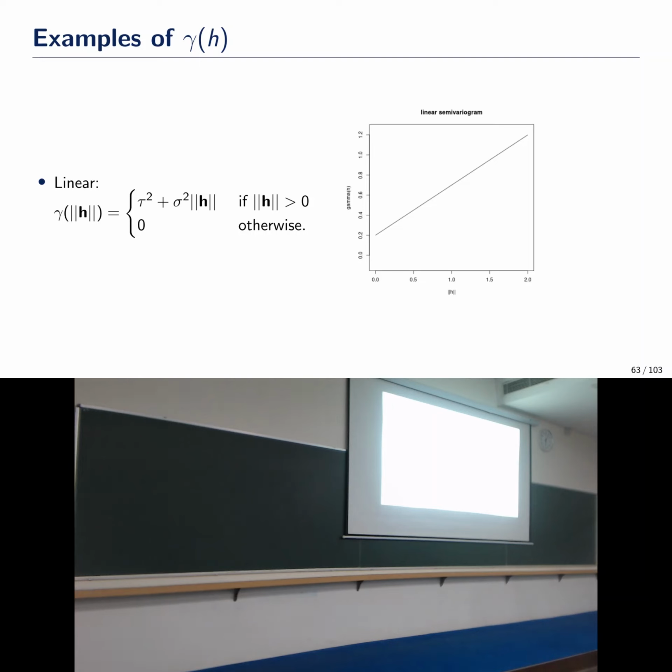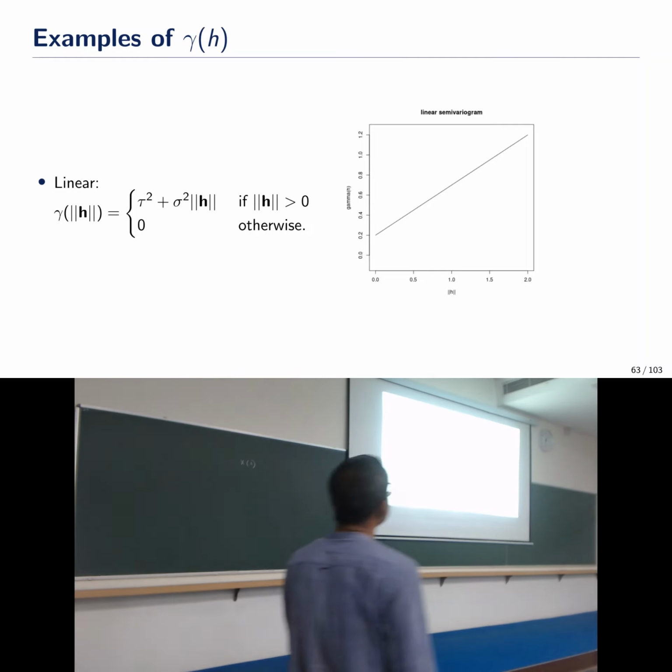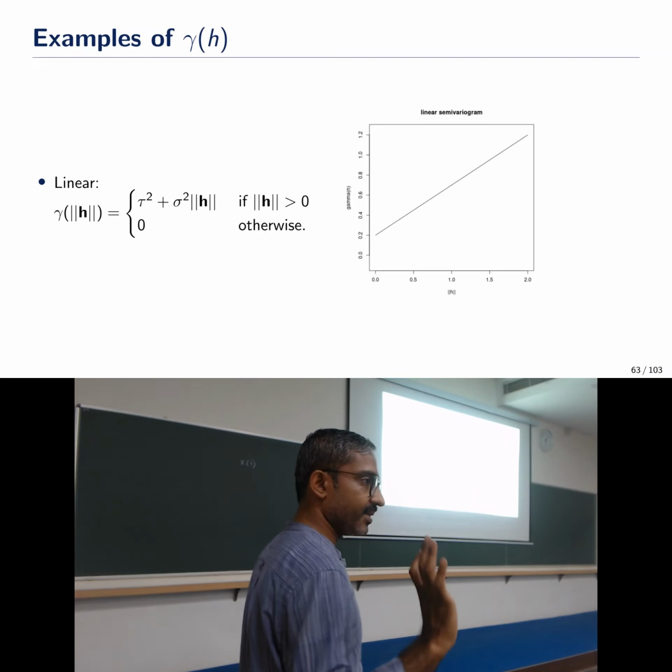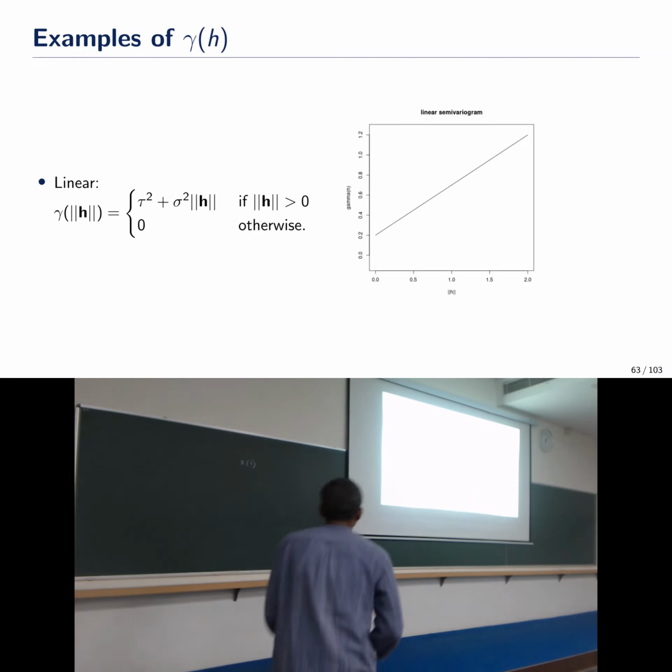So we assume that we do not only observe this X(s). The sigma square here is the variance of this data; we call it partial sill, so it's just a positive parameter. Okay, let's take it that way.